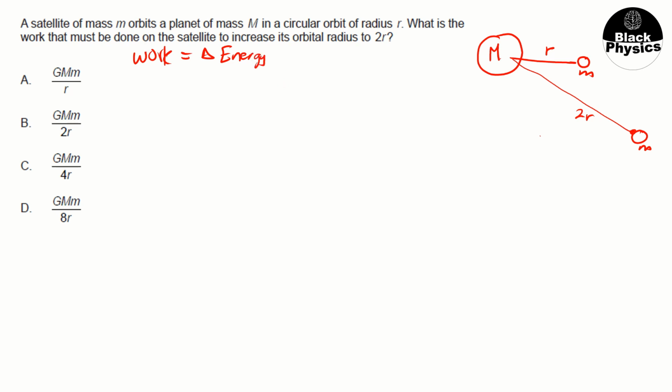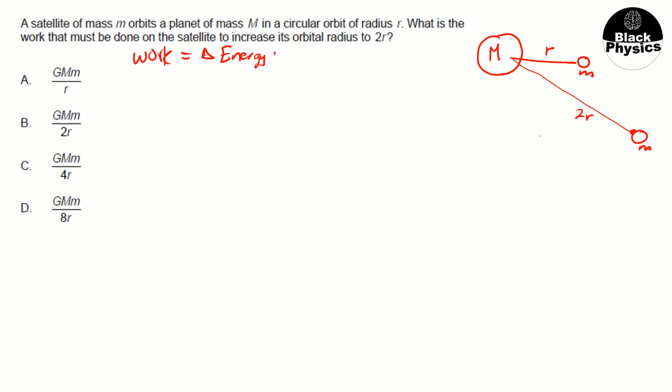This question could be a little bit tricky because the topic 10 equations in the data booklet are more concentrated on the potential energy. In this example, you might miss that there is also a change in the kinetic energy.